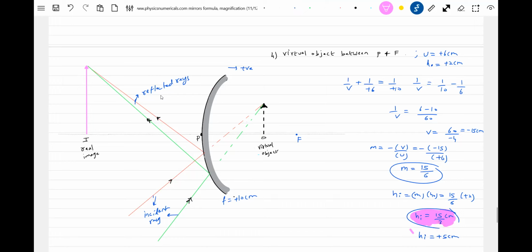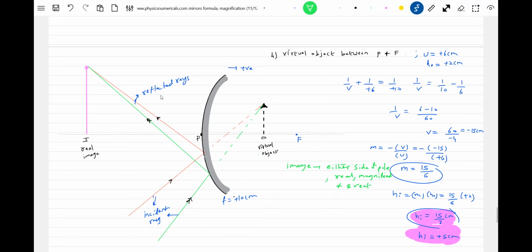Let me write it. So will it be a magnified one? The final image will be, whatever the conclusion, on either side of the pole, real, magnified, and erect.